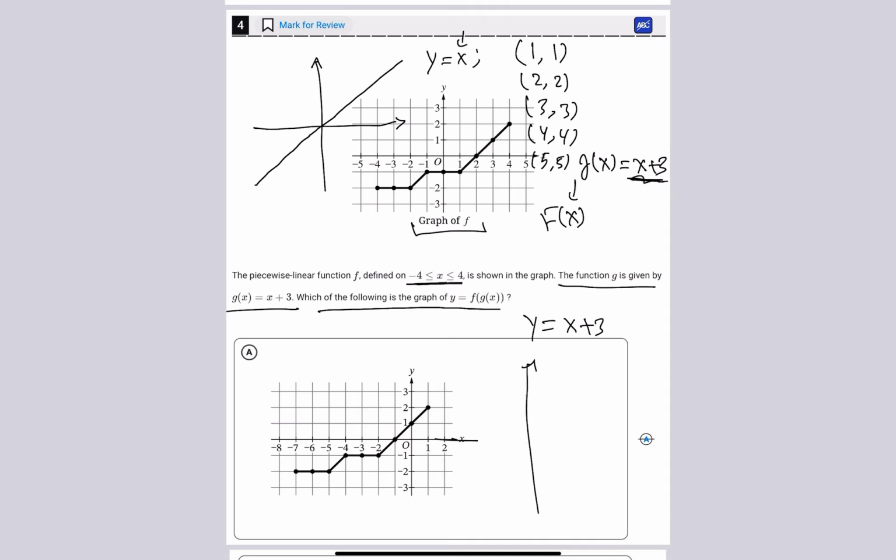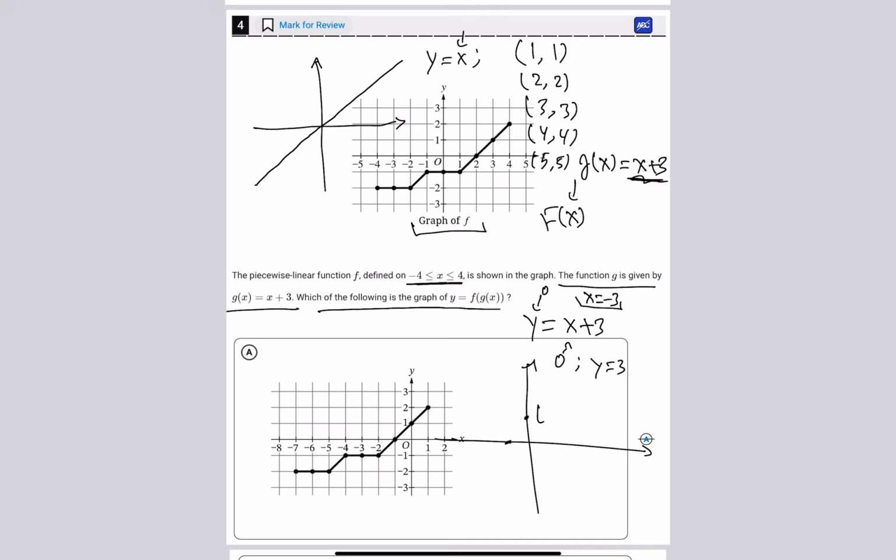Now, graphing this, I know that it has a y-intercept of 3 and an x-intercept of -3. Correct? When y equals 0, x equals -3, and when x equals 0, y equals 3.